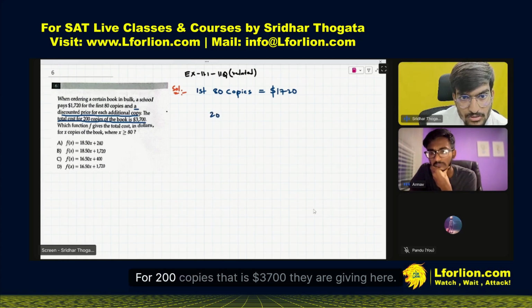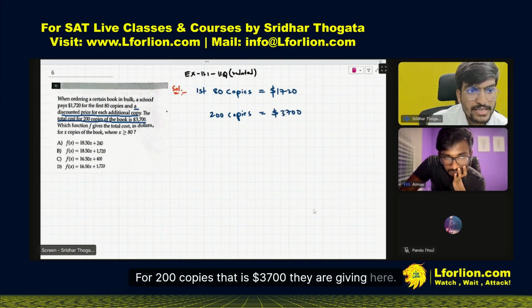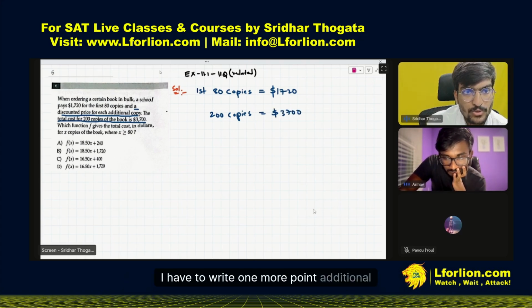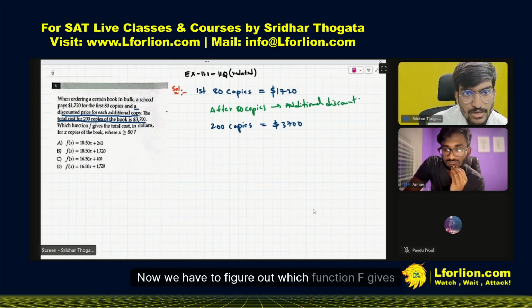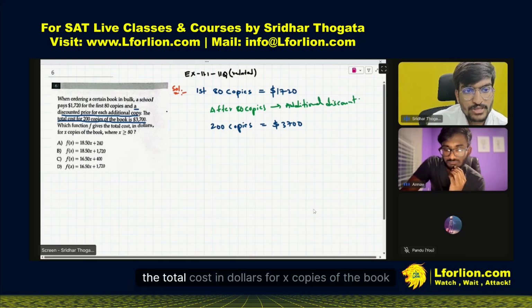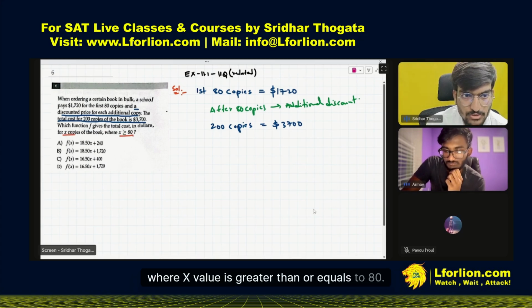For 200 copies, that is $3,700. Here I have to write one more point: additional discount after 80 copies. Now we have to figure out which function f gives the total cost in dollars for x copies of the book, where x is greater than or equal to 80.